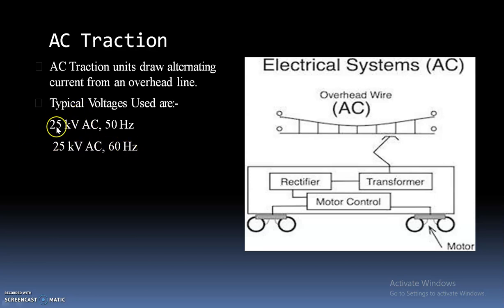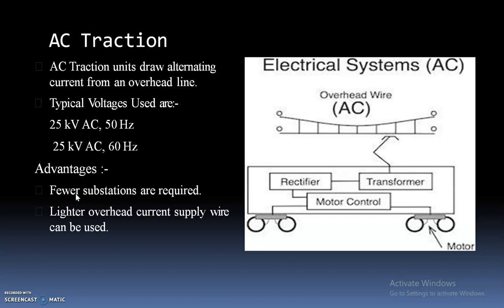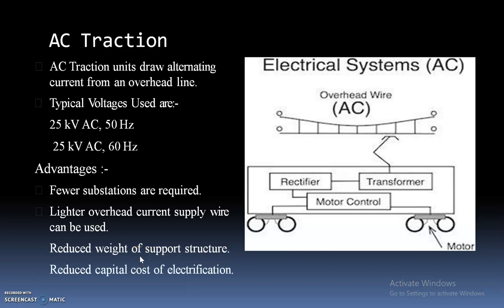In India, we are following 25 kV AC at 50 Hz frequency, whereas European countries and the US are following 60 Hz AC supply. Advantages: few substations are sufficient for AC traction system compared to DC. Lighter overhead current supply wire can be used, which supports reduced weight of support structure and reduced capital cost of electrification.